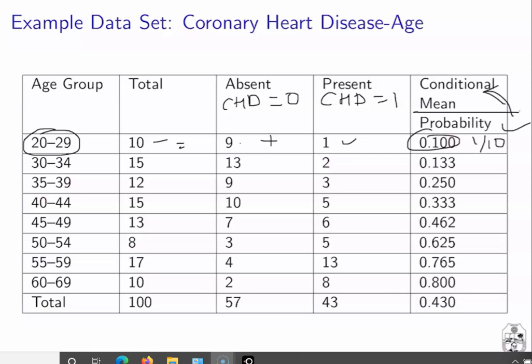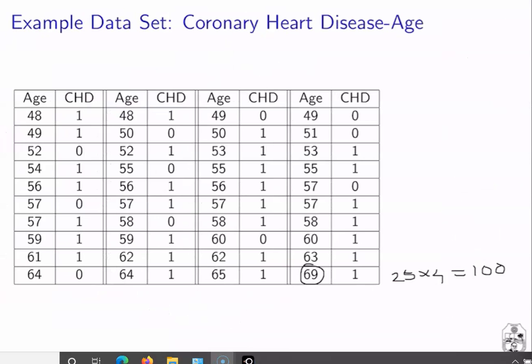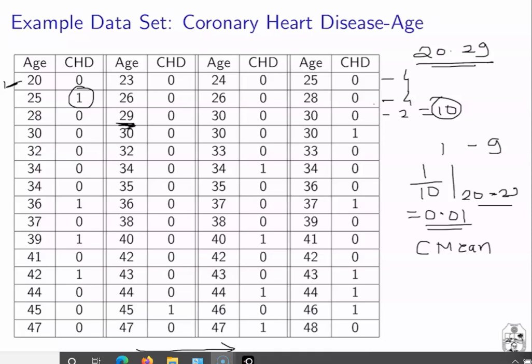Now, similarly, if you count the number of persons present in the age group 30 to 34, you may get 15 persons in the age group 30 to 34. Here you can check like this.